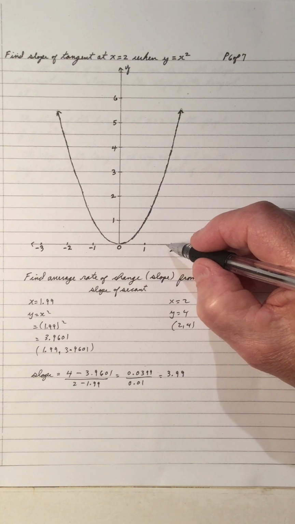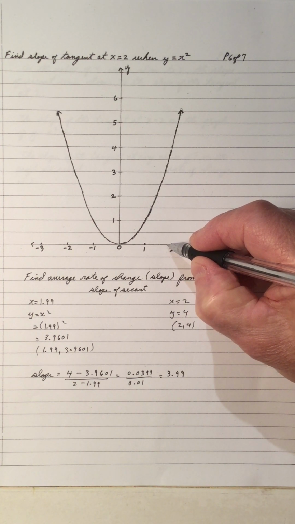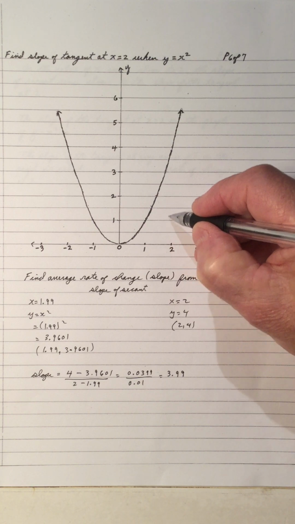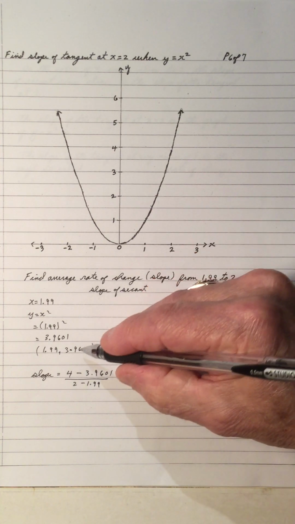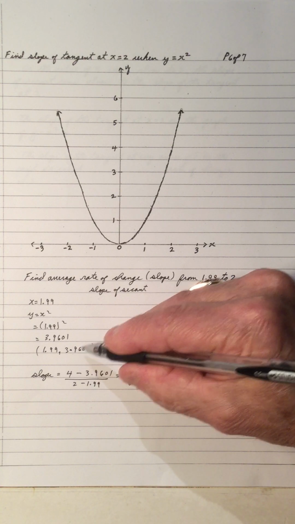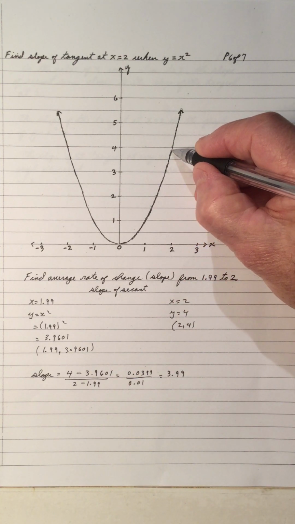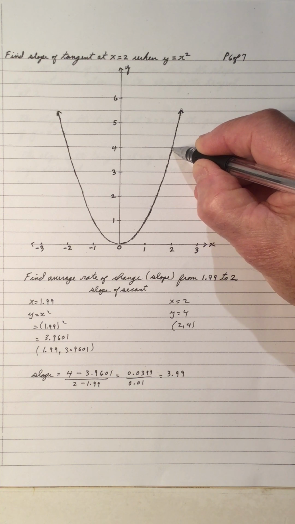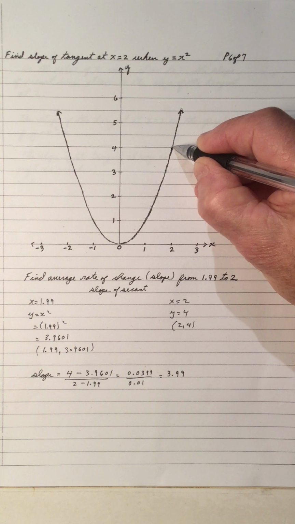So where is this point? 1.99. So 1.9 is here. 1.99 is very, very close. So 3.96 is very close. And there it is, there's the other point. So this is 2, 4.